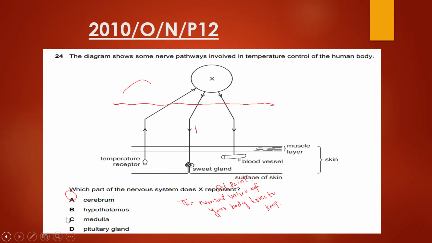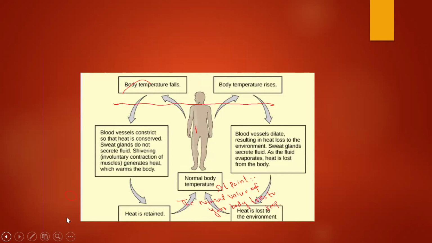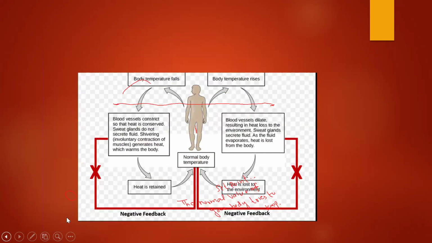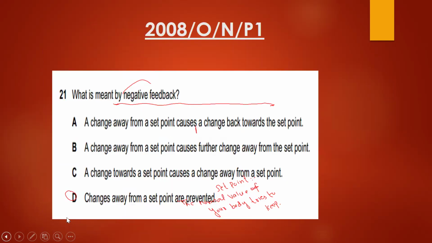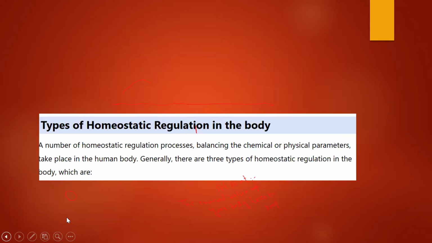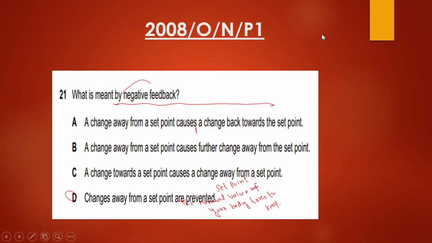This is the past paper question related to the hypothalamus. The hypothalamus is the thermoregulator which regulates the temperature. This is the negative feedback diagram. We discussed thermoregulation as well. This is the negative feedback definition. All right, so we discussed all these things. This is considered as homeostasis.